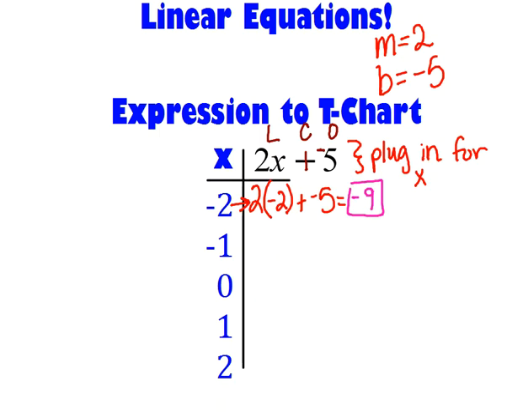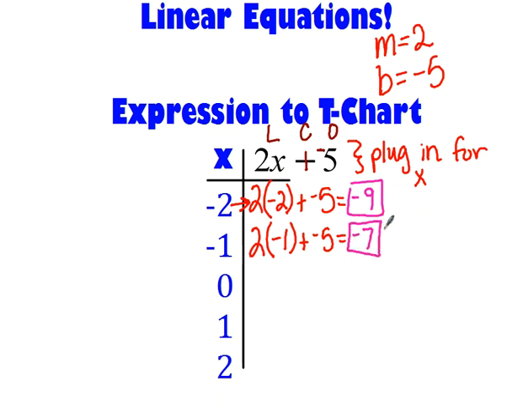Let's go to our next x value. Same thing. We take our expression 2 times and plug in for x. In this case, we're plugging in negative 1, and again, plus negative 5. So 2 times negative 1 is negative 2, plus negative 5. They're on the same team, so that's going to be negative 7.